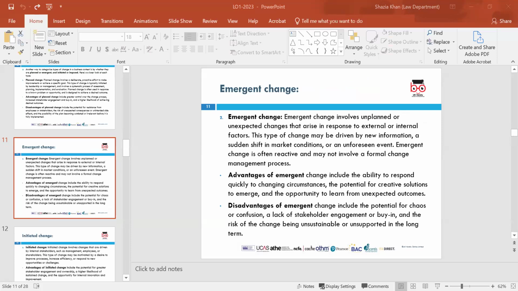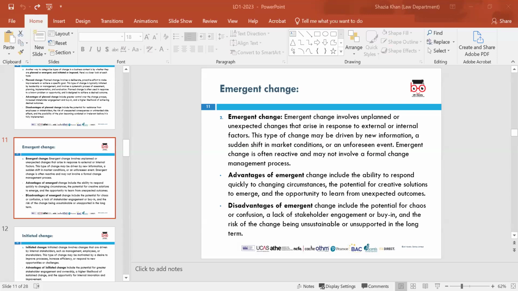So emergent change involves unplanned or unexpected changes. These deal with contingencies, breakdowns or opportunities in everyday life. They are open-ended and unpredictable.